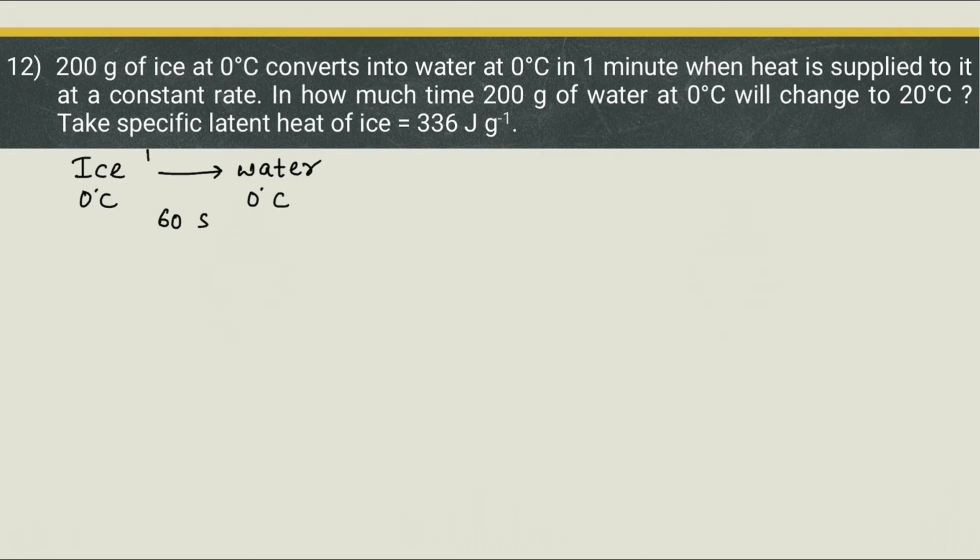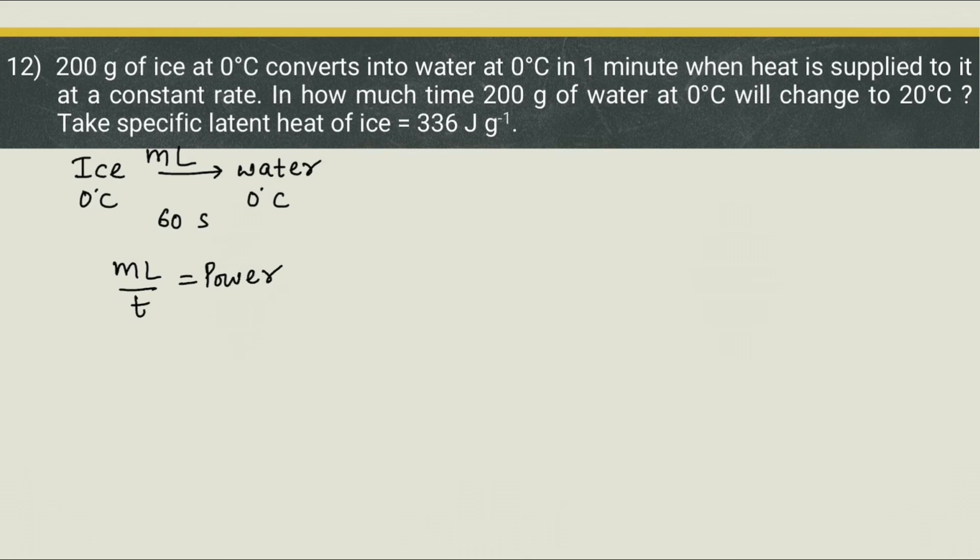What is the formula to find out heat energy absorbed here? mL. So we know mL, or we can calculate what this heat energy is. Time is given, and this mL upon T will give us power. So this power is nothing but heat energy supplied at a constant rate.